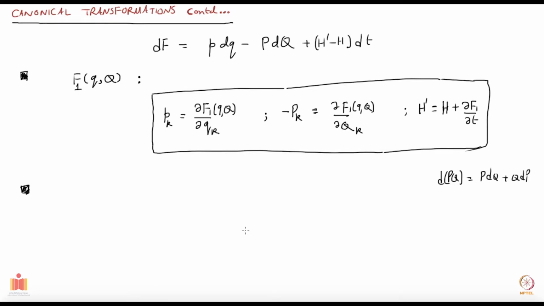If you do so, then our expression can be written with p dq as d of pq minus q dp. So now I will have a dp instead of a dq as was the case before, and then of course this term.